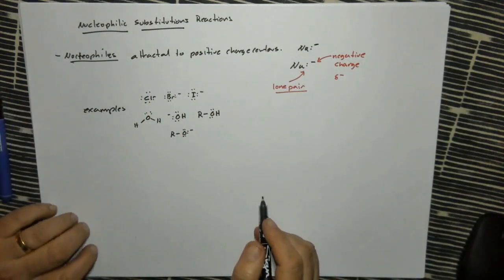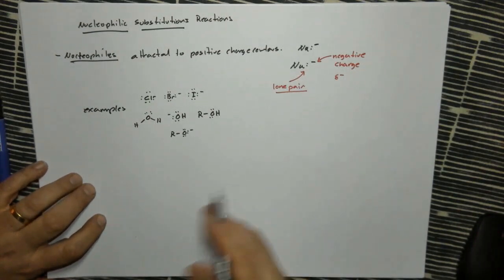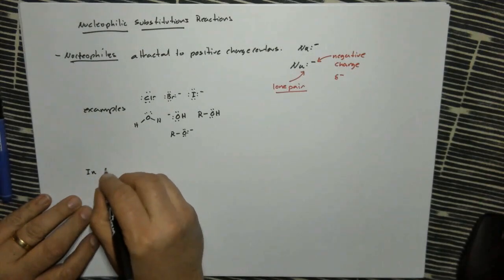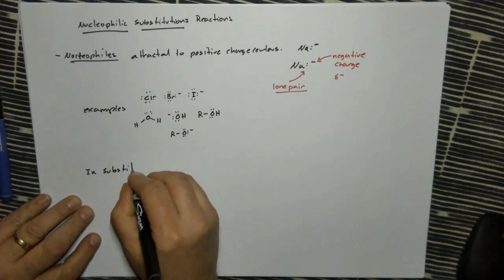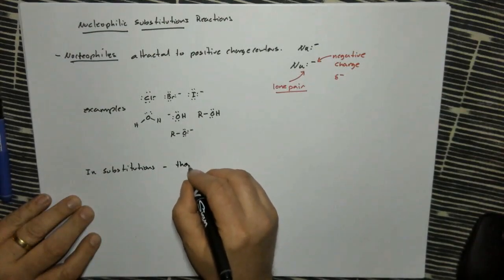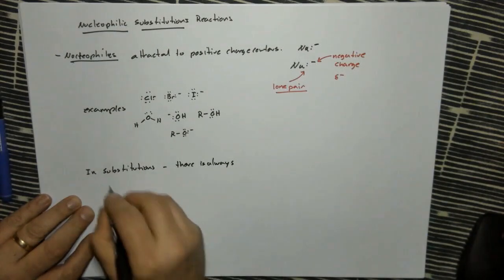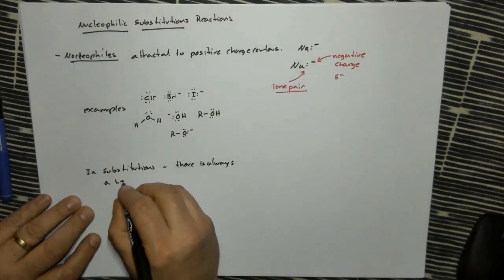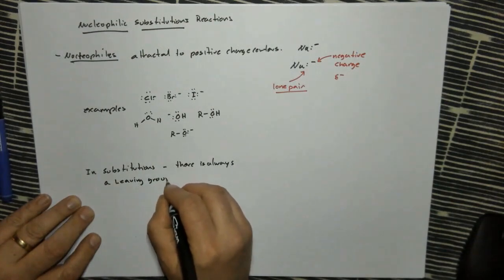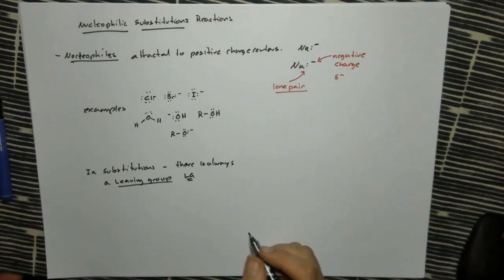So in addition to having a nucleophile that's going to attach itself to something, you also have something that leaves. And so in substitutions, there is always a leaving group, which I'll call the LG in the future.